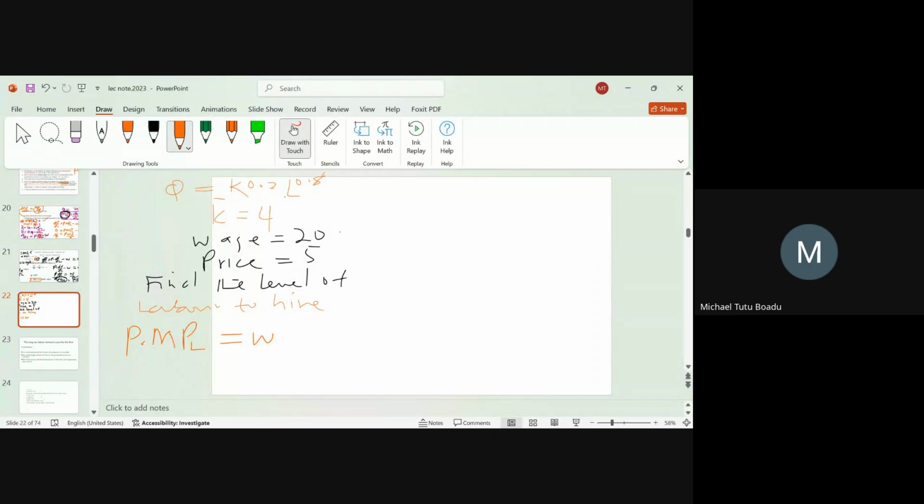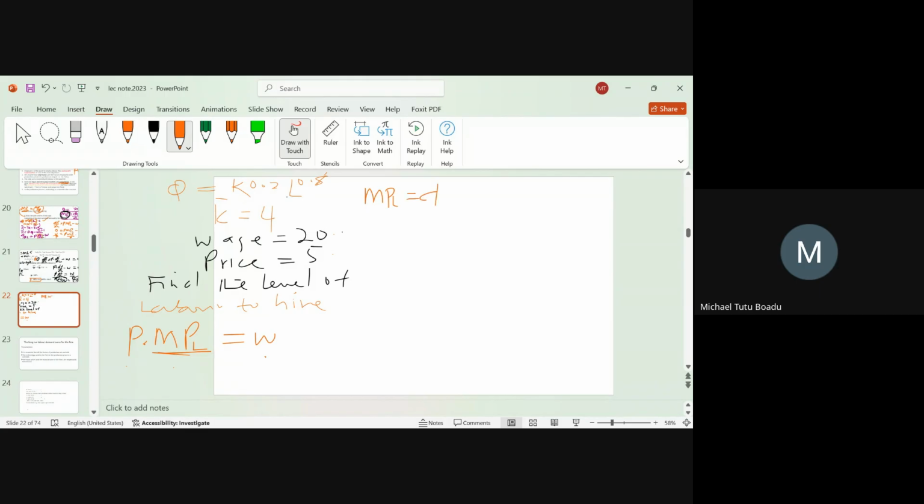So it means you have to look for the marginal product of labor, because you know the wage to be 20 and you also know the price to be 5, but you don't know the marginal product of labor. How do we find it? It is change in KO over change in labor.